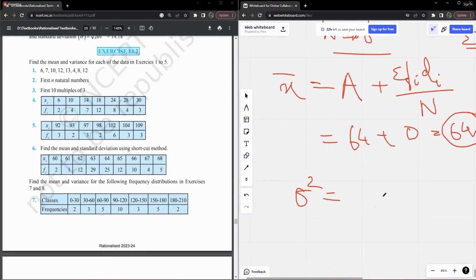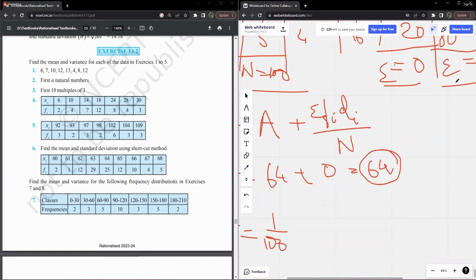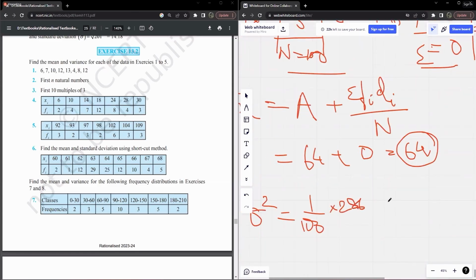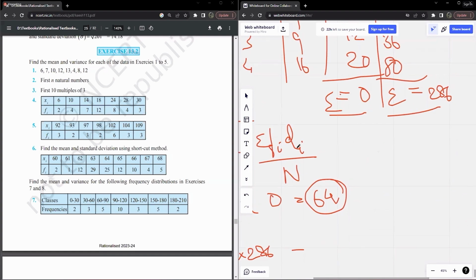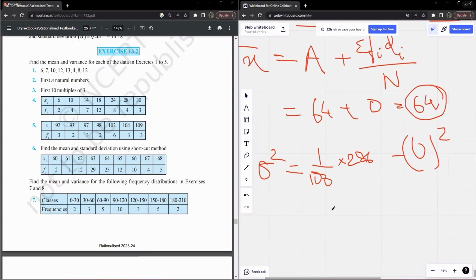And the sigma square then is going to be 1 by n, that is 100, times sigma of fidi square, that is 286, minus sum of fidi by n the whole square, which is 0. Minus 0 the whole square, which is basically 286 by 100, which I'll condense down to write as 2.86.